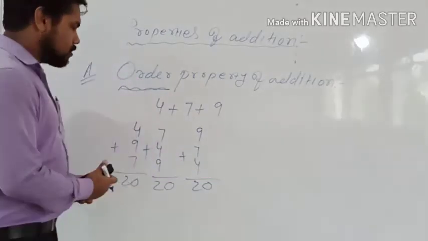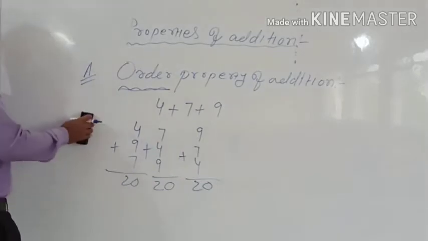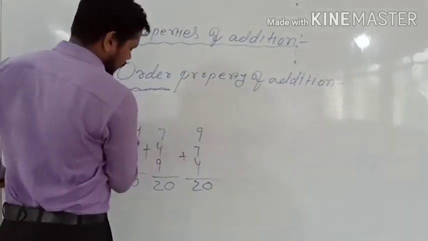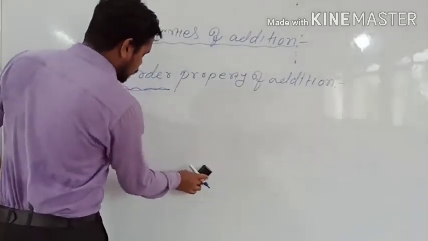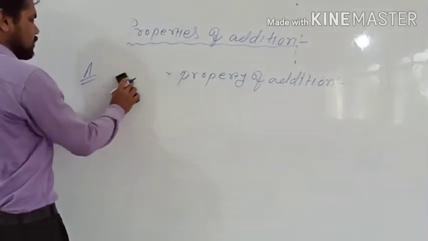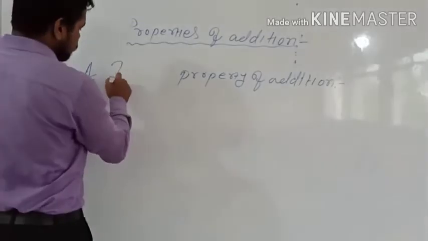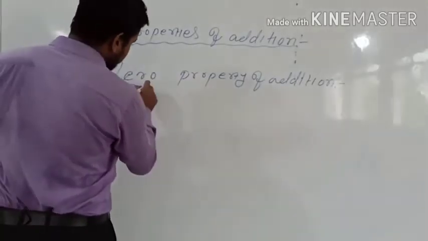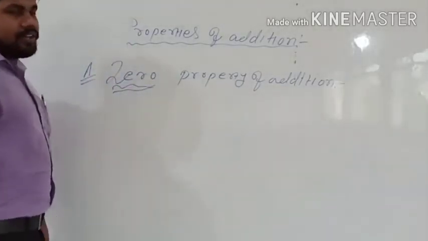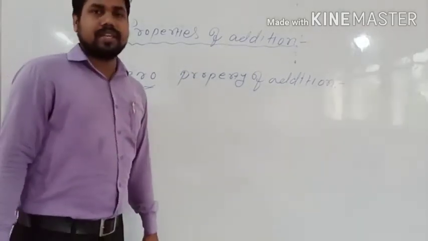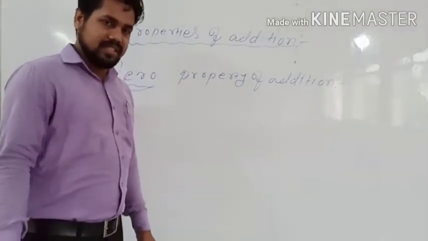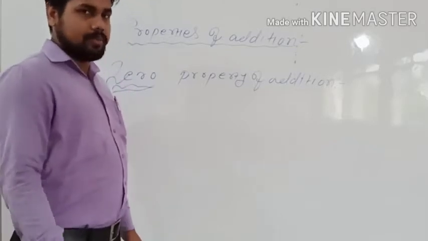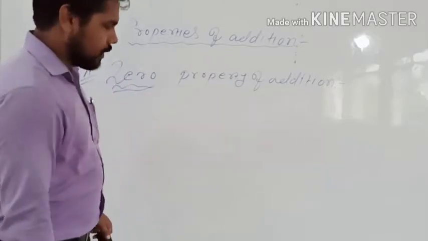Okay, you can add numbers in any order, answer will be same. Okay. Next, second property which we have is zero property of addition. So from the term zero only you are understanding that if you are adding zero with any particular number, then the sum will be always the same as the number itself.